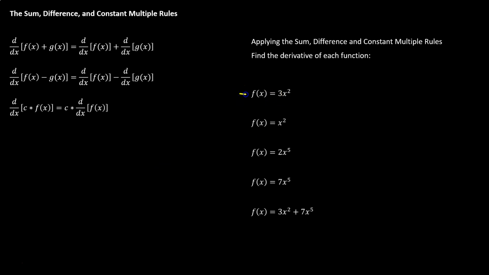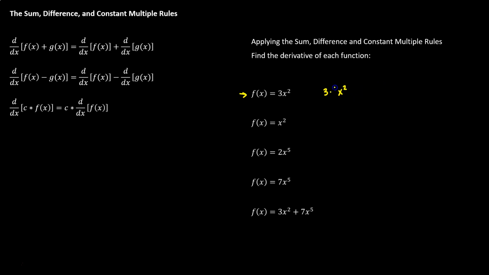For the first function I have here, 3 times x squared, I'm going to look at it as 3 times the function x squared, where we can find the derivative for x squared and then multiply it by 3 afterwards.